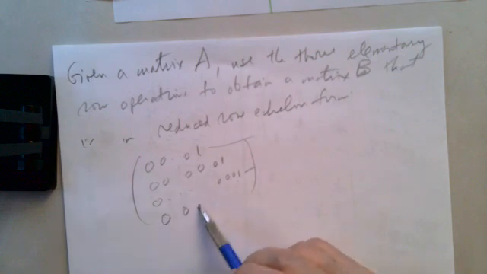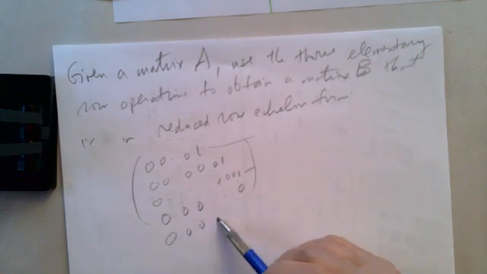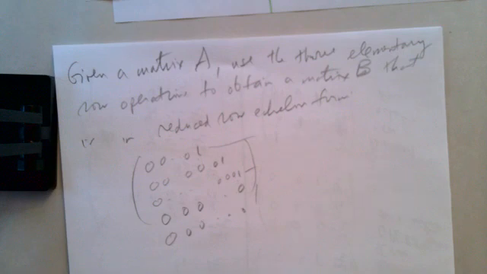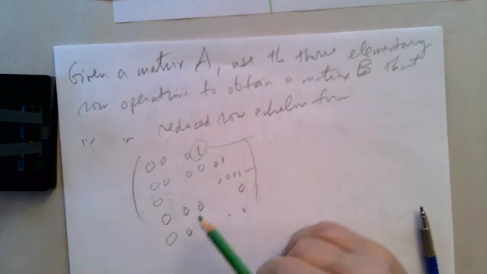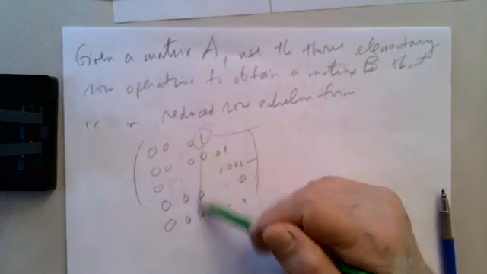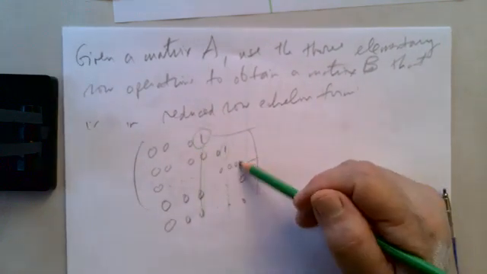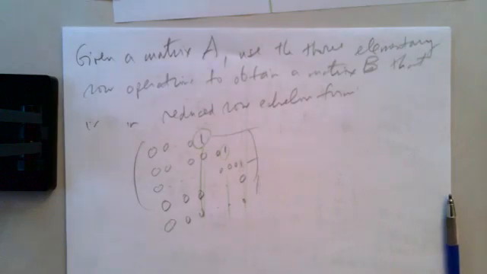Any row which is all 0, there could be a lot of them, is at the bottom. And whenever you have a 1 as the first non-zero entry in a row, in that column, everything else is 0. So all of those conditions must be satisfied for your matrix to be in reduced row echelon form.